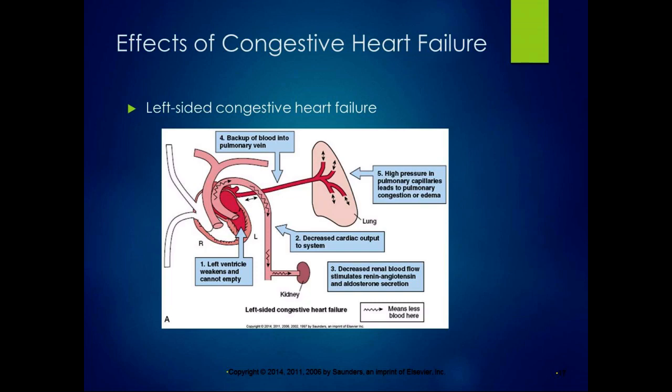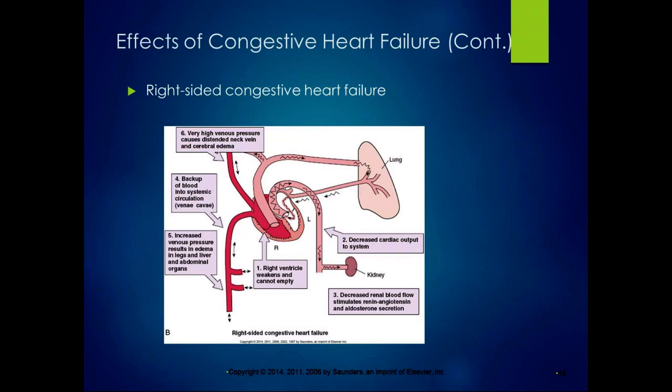So when the left side's not working, the right side is still working, so you're still pumping fluid into the lungs, but it's not being pulled out enough by the left side, and you get congestion in the lungs with left-sided heart failure.